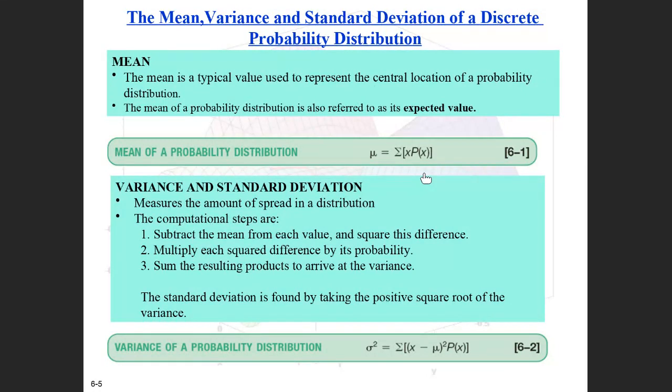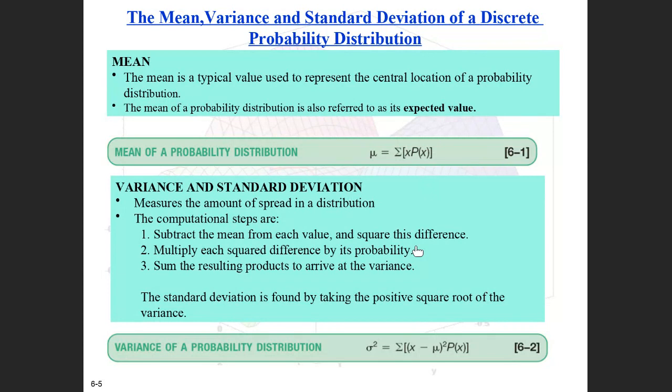The variance and standard deviation measure the amount of spread, dispersion. The computational steps: you subtract the mean from each value and square this difference. Multiply each squared difference by its probability. You sum the resulting products to arrive at the variance. And the standard deviation is found by taking the positive square root of the variance.